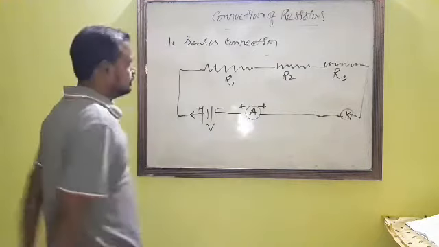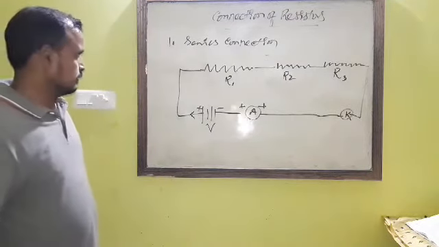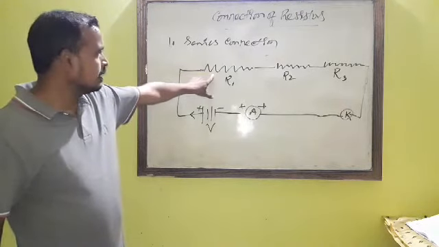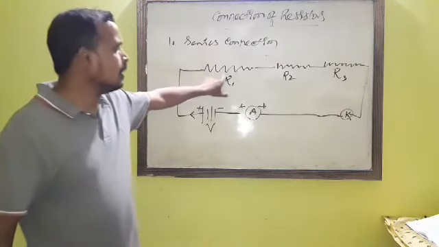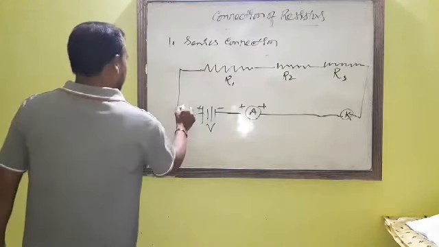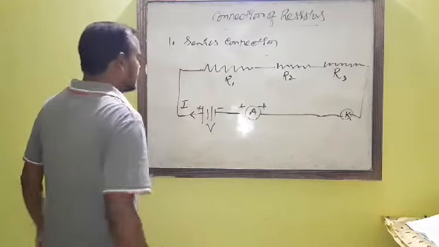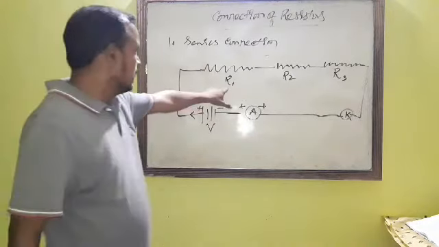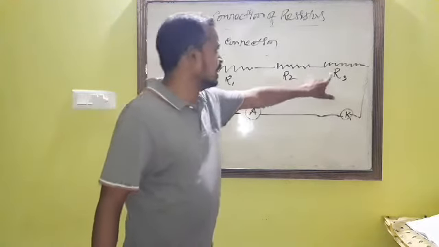So what happens? In series connection, the amount of electric current that passes through R1 also passes through R2 and R3. I is the current in the circuit, so I is the same for R1, R2 and R3.